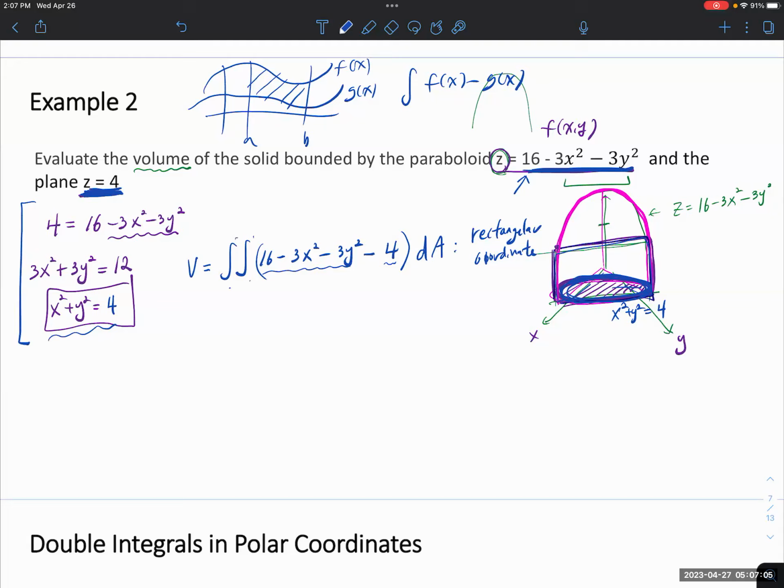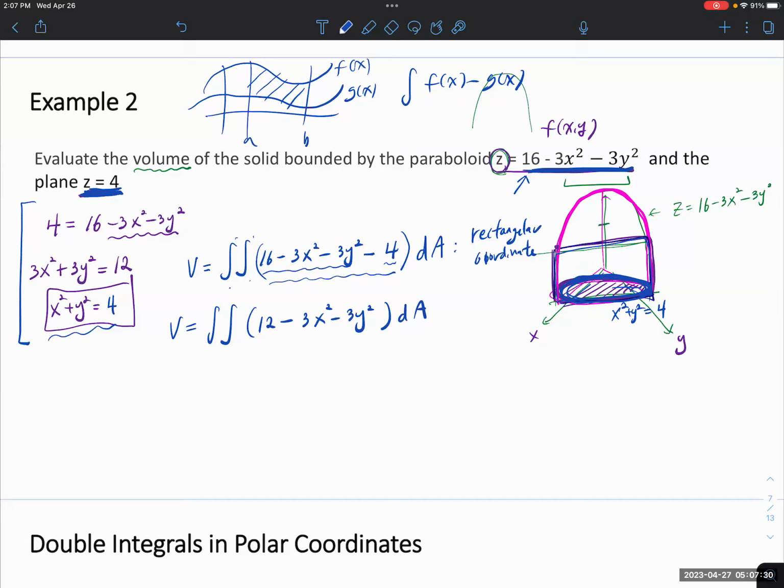So we're going to convert it to the polar coordinate step by step. But first, I'm going to simplify this function, because it's always better to simplify. So 16 minus 4, I have a 12, minus 3x squared minus 3y squared, dA. Okay, nothing is special yet. It's still a rectangular coordinate form.